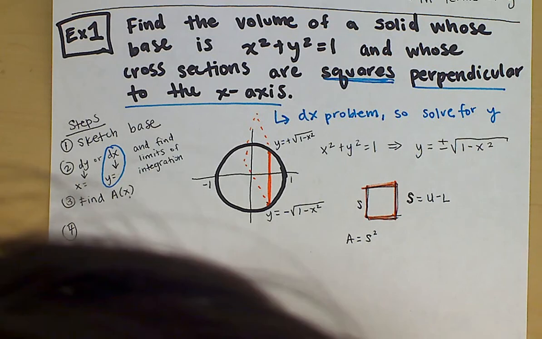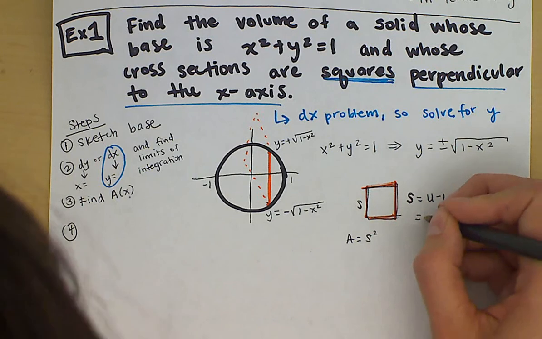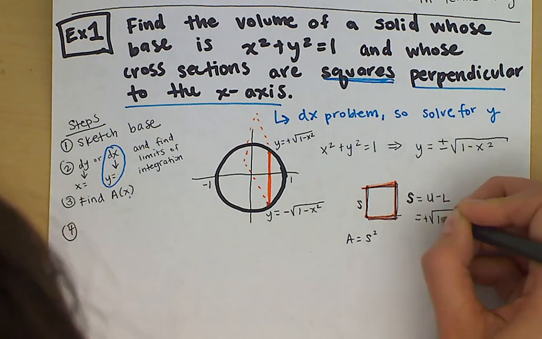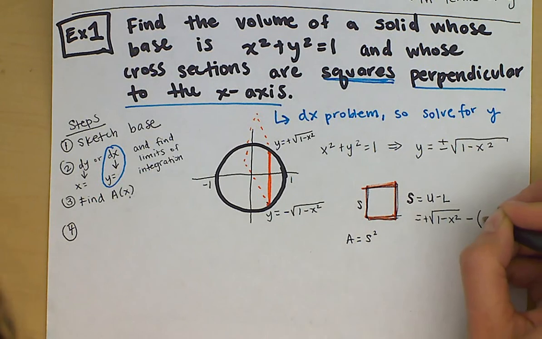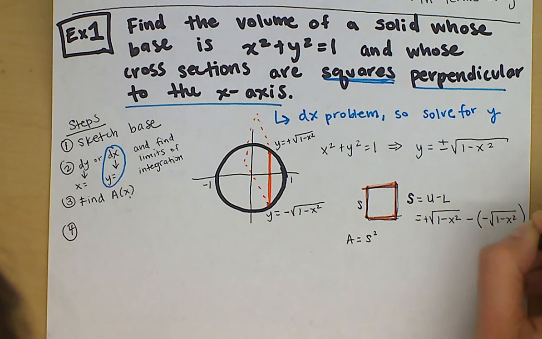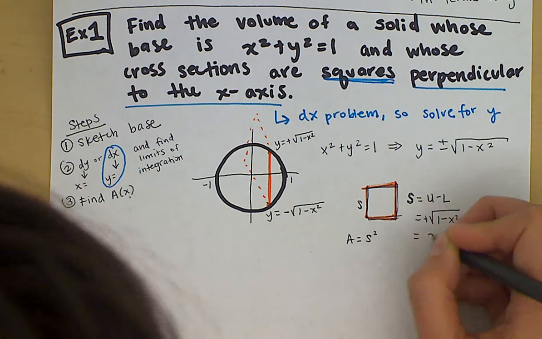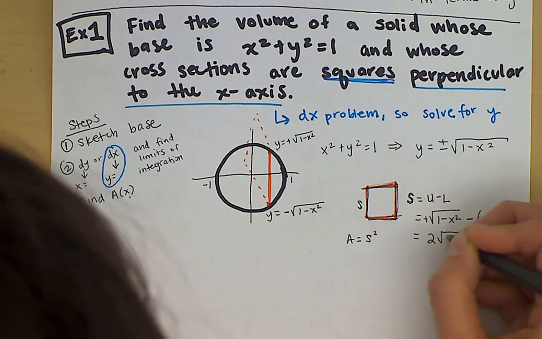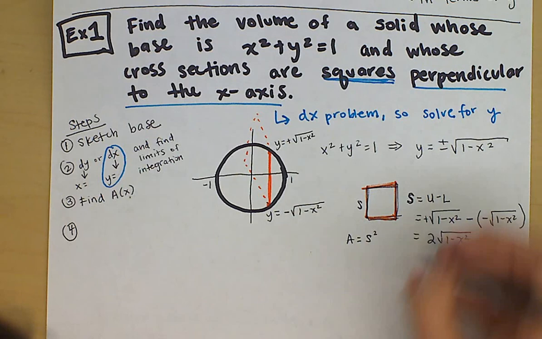So the upper function is positive square root of 1 minus x squared minus the lower function, which is negative square root of 1 minus x squared. So I end up getting 2 square root of 1 minus x squared. This is my side.